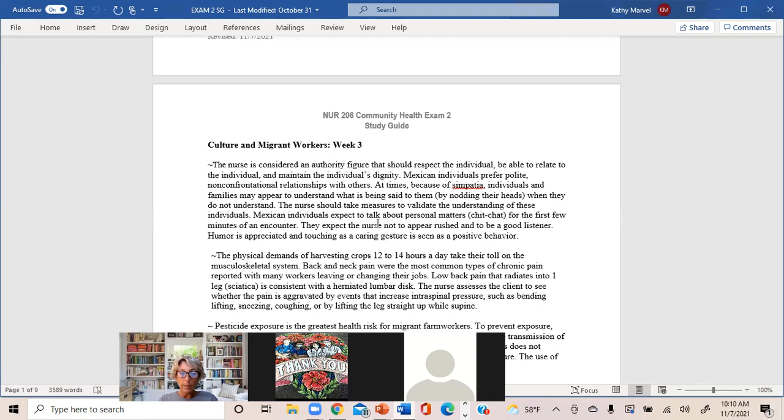It gives specific cultural beliefs, cultural awareness, cultural norms for this particular group. I would go back to the box in this chapter that goes through four different cultures: I believe African American, Asian American, Native American, and Hispanic.